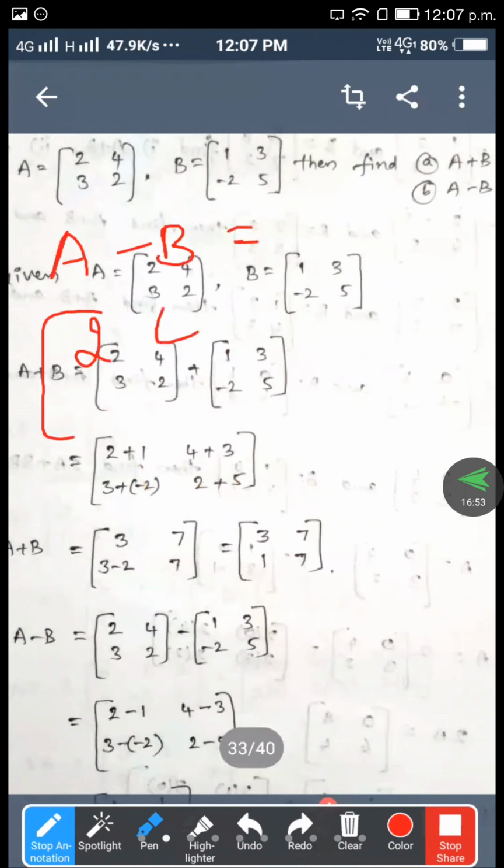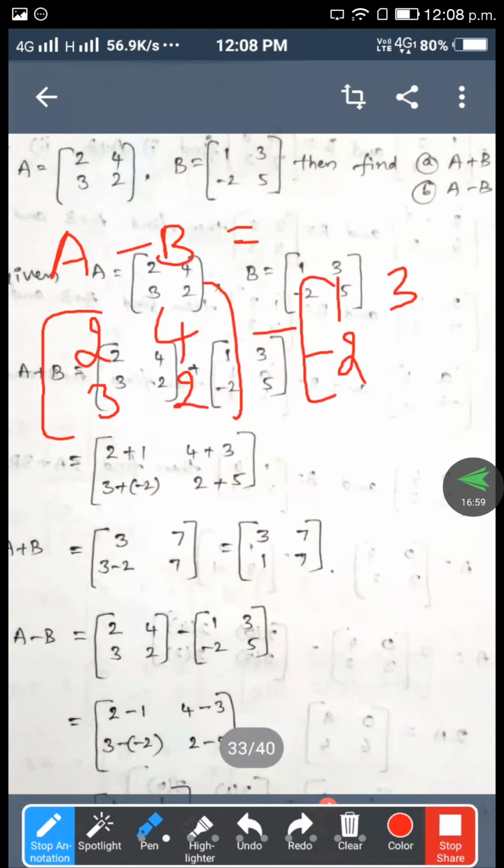A is 2, 4, 3, 2 minus B is 1, 3, minus 2, 5. Take corresponding elements: 2 minus 1 is 1.